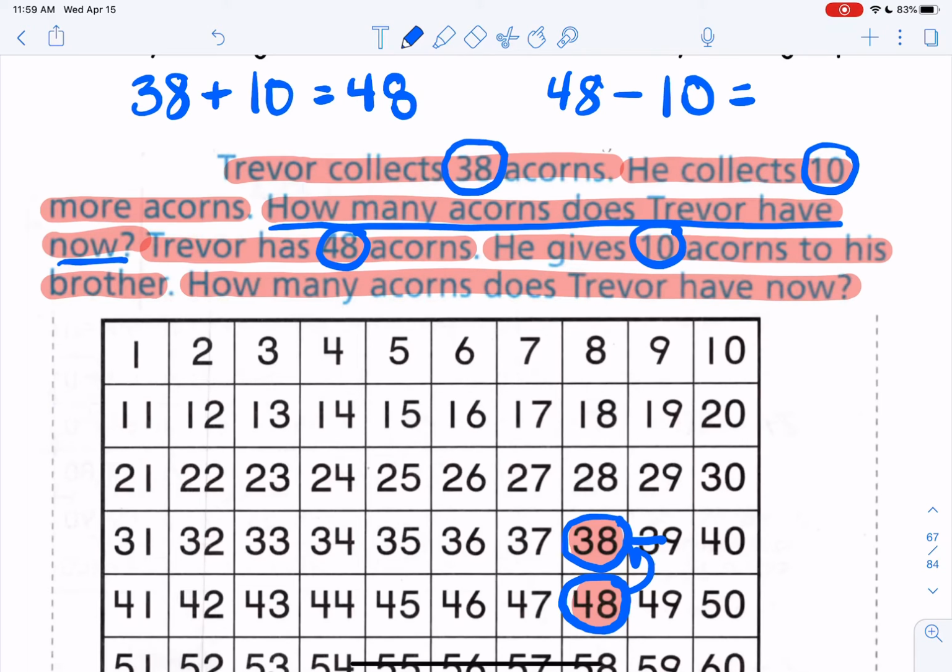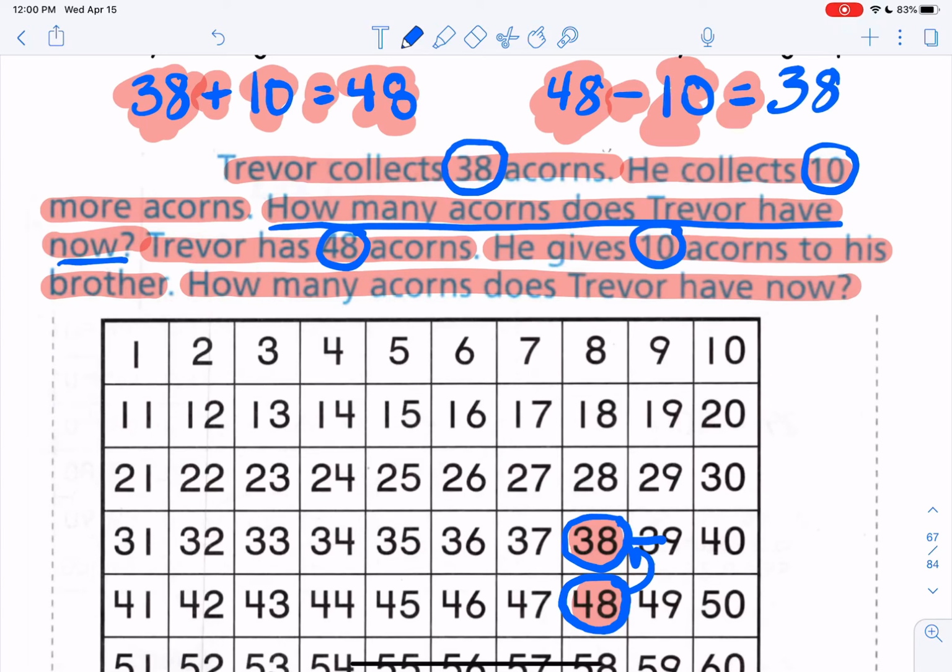You can look at a related fact, and we've got a related fact right here. If you know that 38 plus 10 equals 48, then you know 48 minus 10 equals 38. Both ways will get you the right answer. So be sure to try them both.